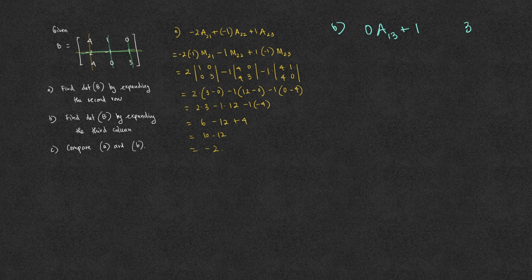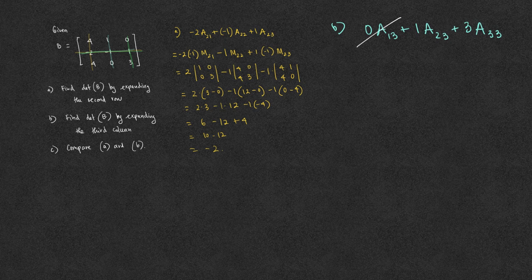The entry 1 comes from the second row and the third column, so we multiply 1 by the cofactor A23. And similarly, 3 times the cofactor A33, third row, third column. 0 times the cofactor A13 is 0, so we can simply ignore it.